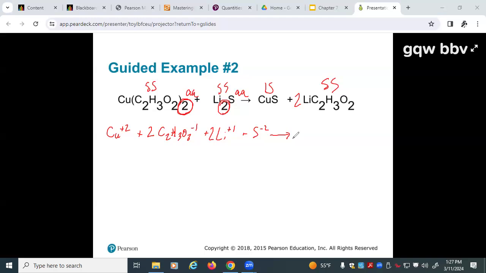On the product side, the copper 2 sulfide is insoluble. Since it is insoluble, it is not breaking apart because it's not dissolved in the water. We're going to leave it exactly the way that it is. And for the lithium acetate, again, it's lithium ion and acetate ion.